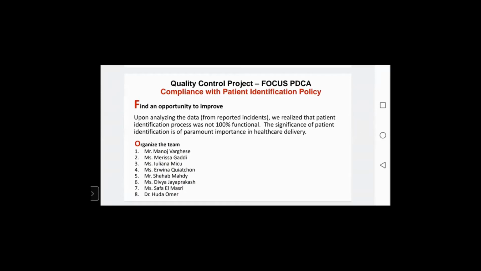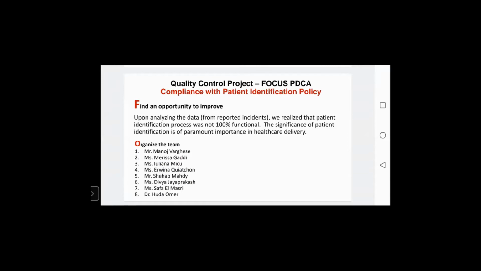So this was an opportunity. Starting from these standards to ensure compliance, we also had a few reported incidents. It wasn't many, but the impact of the incidents was a little bit high. So we thought that we needed to see whether we are really complying with the accreditation standard or not.